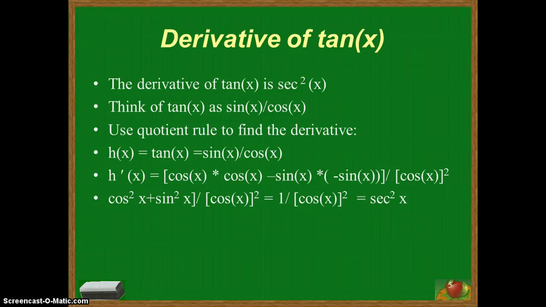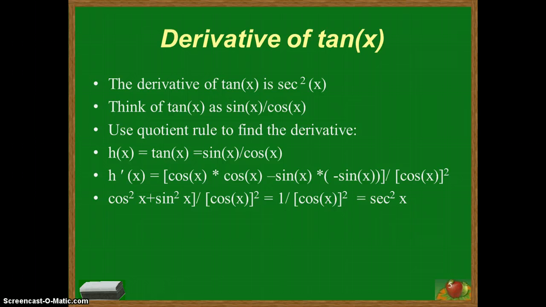H prime of x, using quotient rule, would be cosine of x times the derivative of the top, which would be cosine of x, minus sine of x times derivative of the bottom, which would be negative sine of x, all over bottom squared, or cosine of x squared.